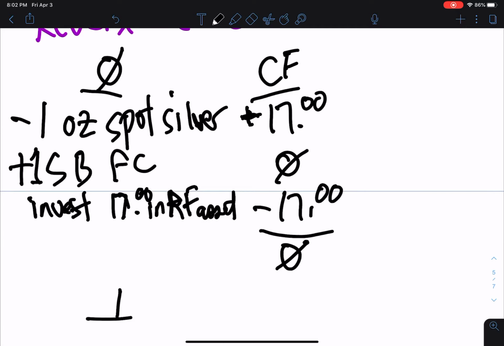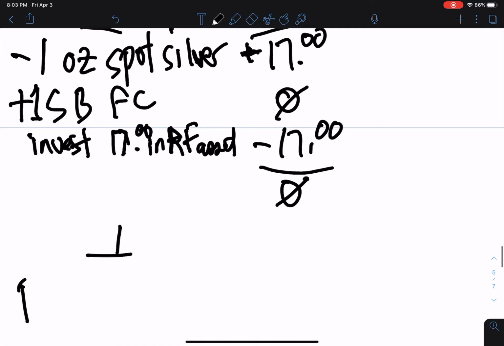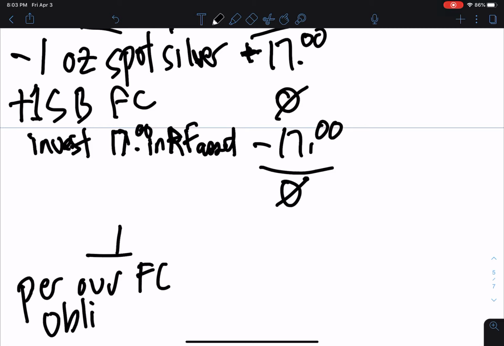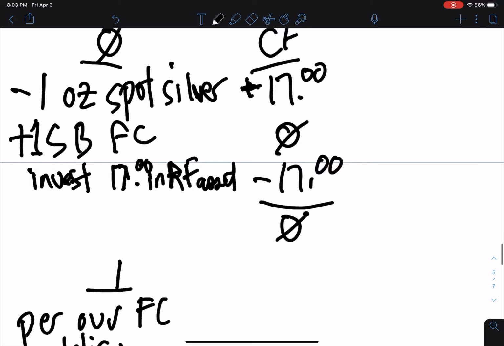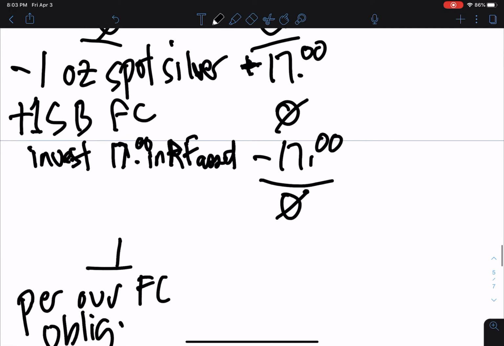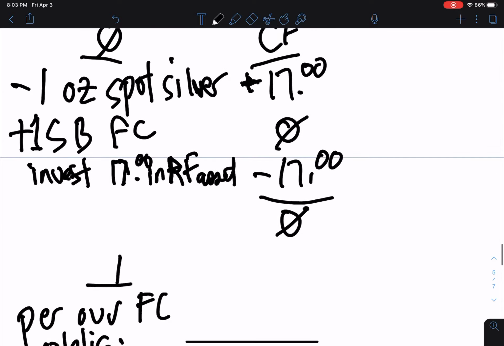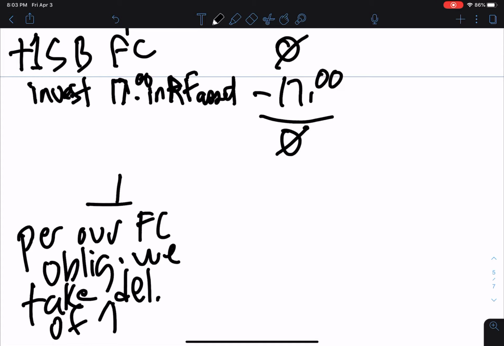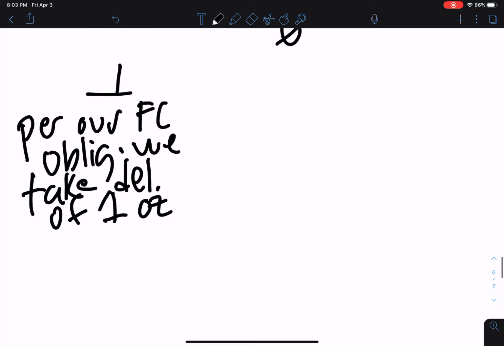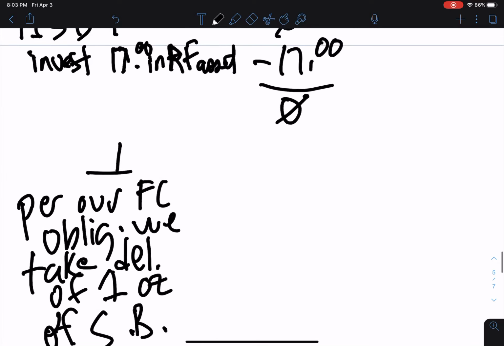So at date 1, per our futures contract obligation, we must take delivery of 1 ounce of silver bullion, right?